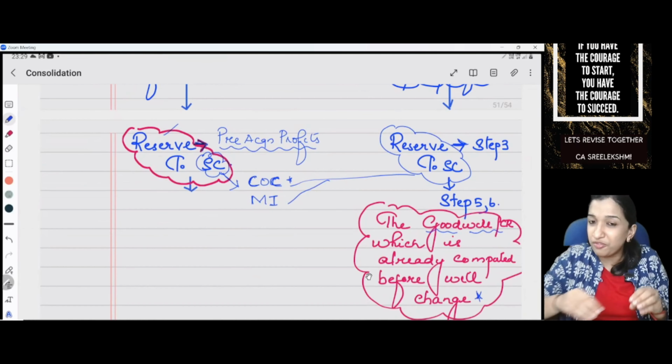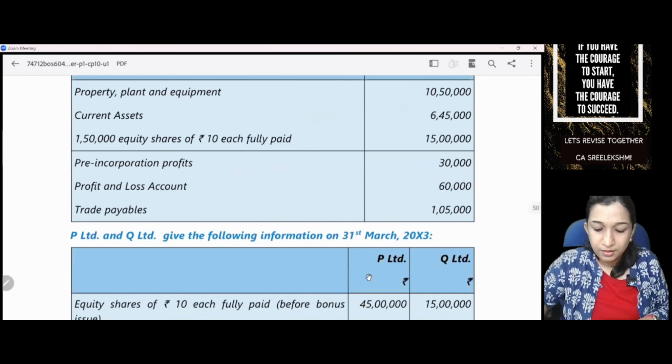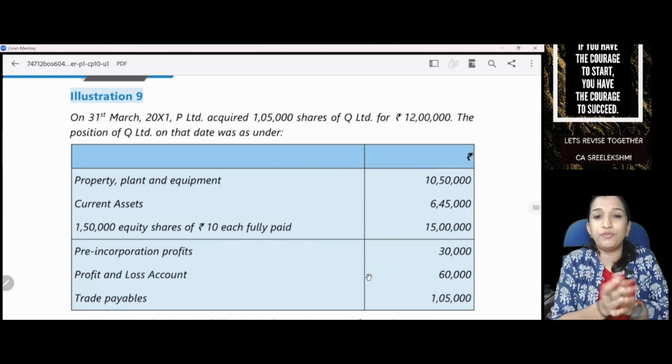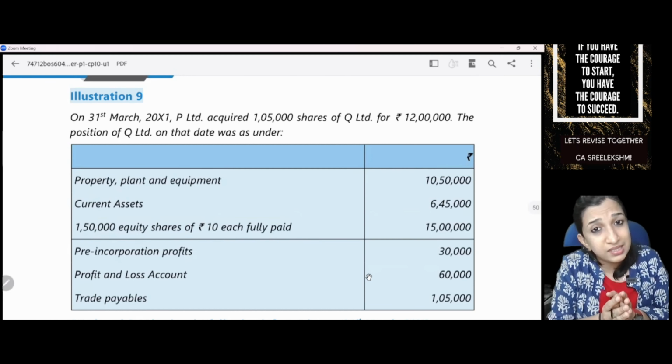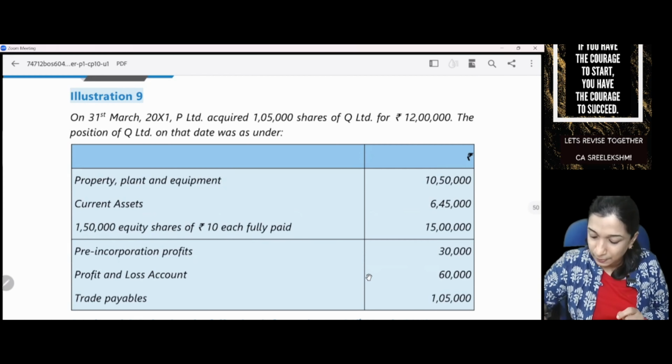So a bonus issue out of pre and post acquisition profits will not result in the same amount of goodwill or capital reserve. That is explained in illustration 9. You should go through it; we have already discussed this in class. Please go through it. Okay.